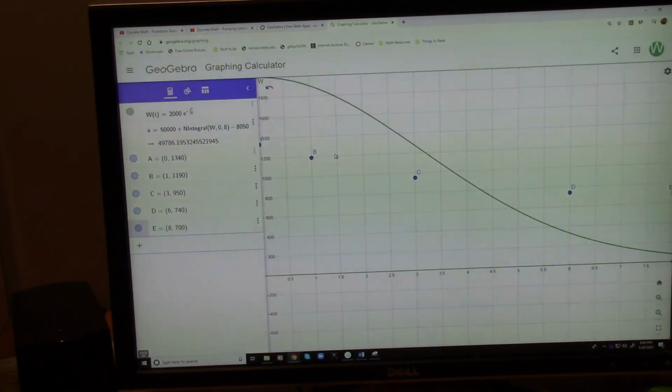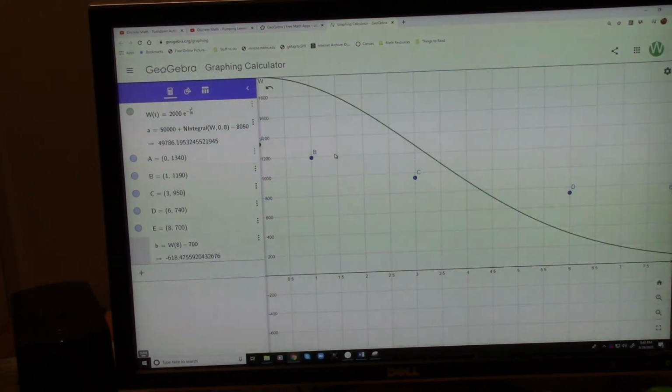The only other thing I did using the technology was to get f of 8. f of 8 we said was W of 8 minus R of 8. I can just type W of 8 minus, and R of 8 is 700. When I do that, I get negative 600, which is clearly negative because the R function is bigger than the W function here.